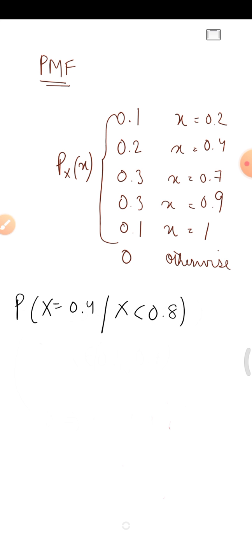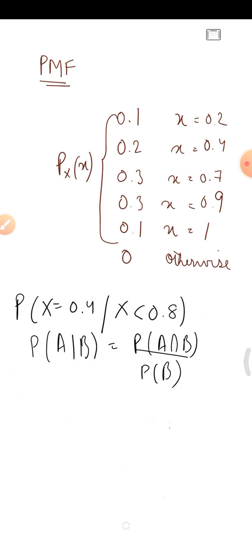So let me explain the answer here. We know that P of A given B is equal to P of A intersection B upon P of B. Pretty simple. So here B is x less than 0.8. What are the random variable values less than 0.8? 0.7, 0.4, 0.2. These three.